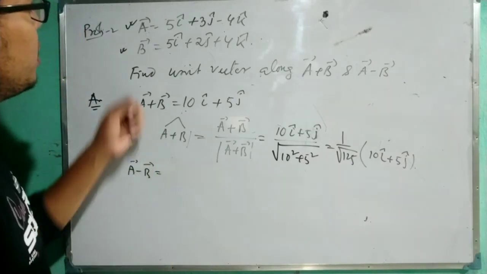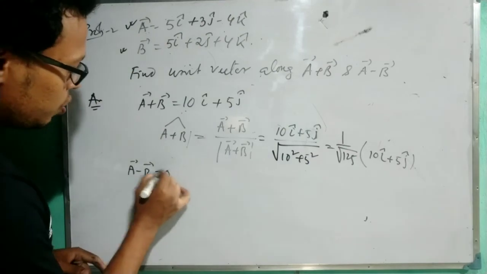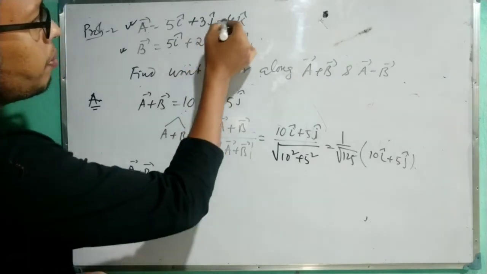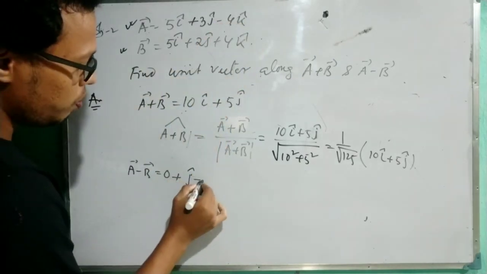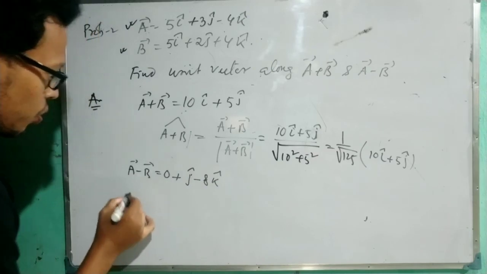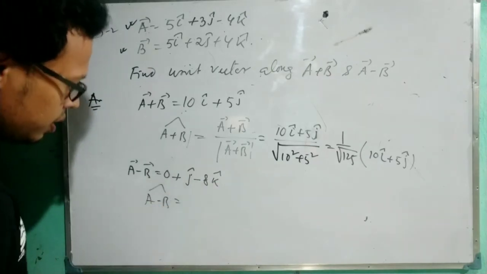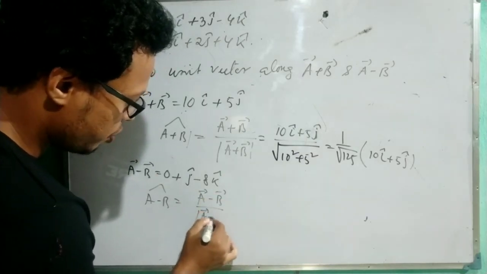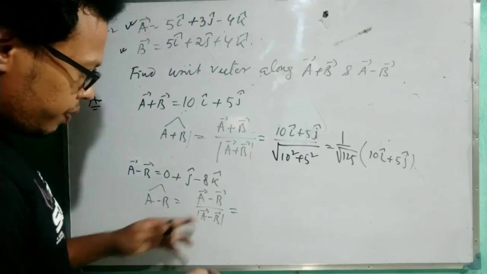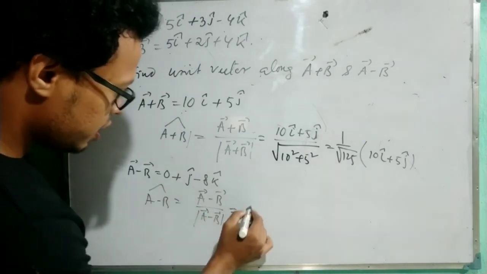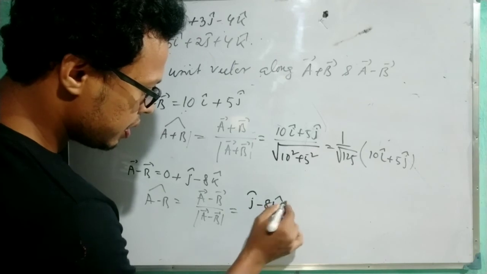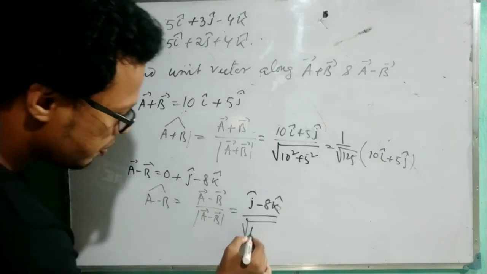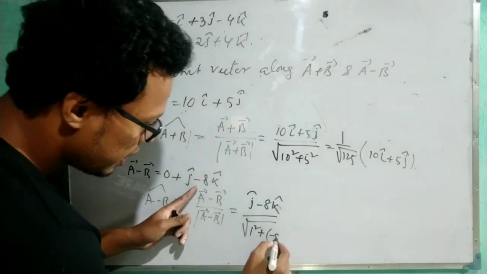In the second case, you have to find the value of A minus B. A minus B will be 5 minus 5, 0, so 0 I am writing, plus 3 minus 2, only j. And here minus 4 minus 4, so this will be minus 8k. So the unit vector of A minus B equals A minus B divided by the modulus of A minus B. A minus B means j minus 8k, divided by root over 1 square plus minus 8 whole square.